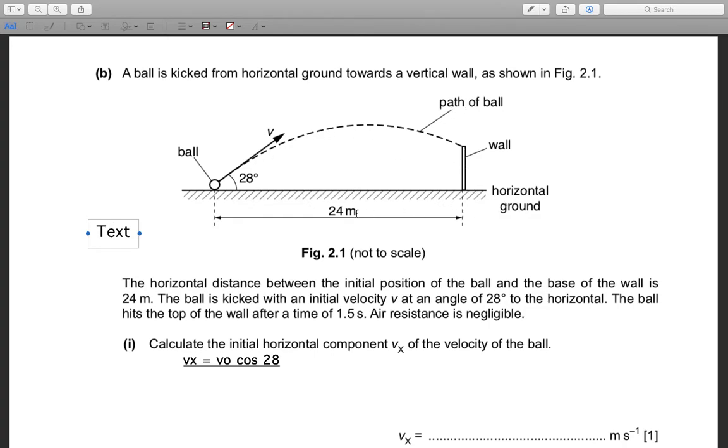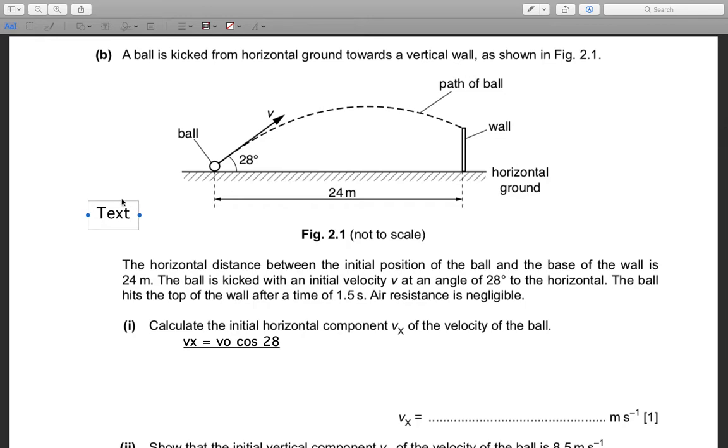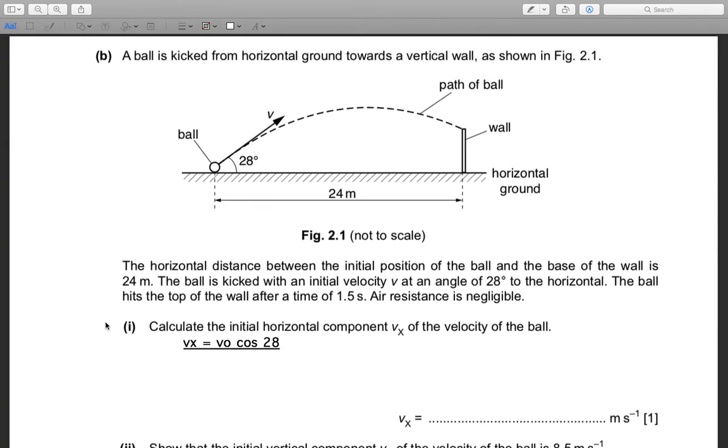This is horizontal ground, and the horizontal distance from where the ball is projected to the wall is 24 meters. The ball is kicked with initial velocity v at an angle of 28 degrees to the horizontal. The ball hits the top of the wall after time 1.5 seconds, and air resistance is negligible.